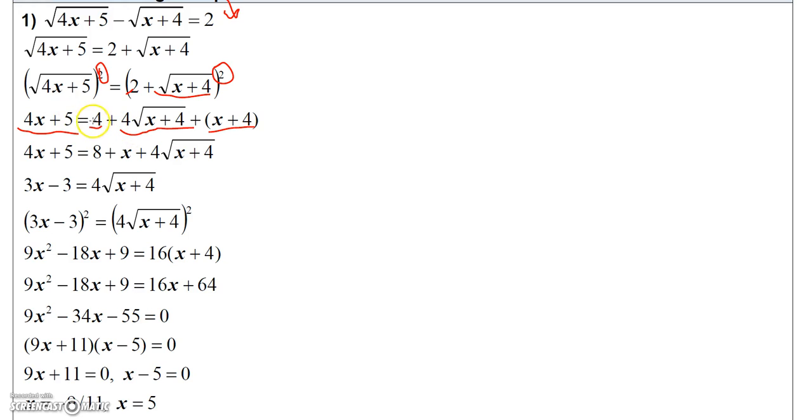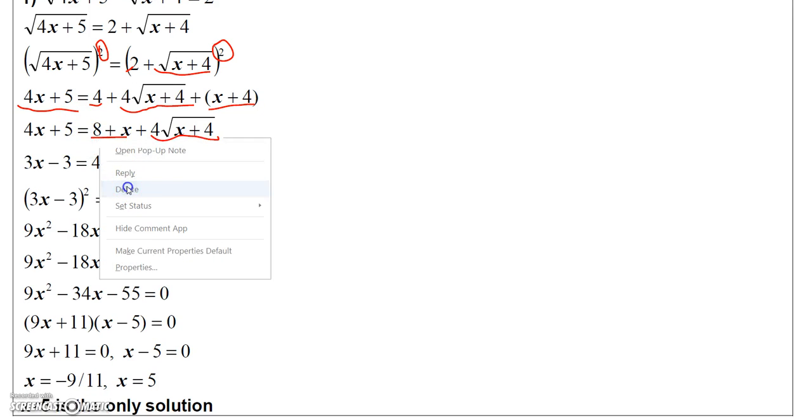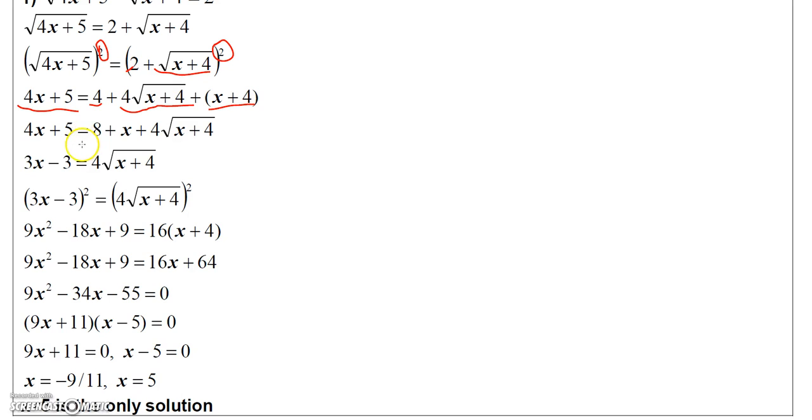Now, what I'm going to do next is take this 4 plus this 4, which is 8, and then I've got the x. So I've got 8 plus x plus this radical here. Now what I can do next is subtract 8 from both sides.